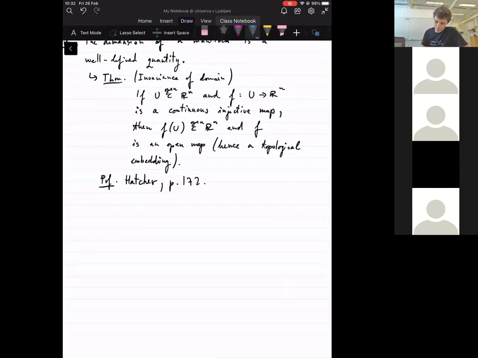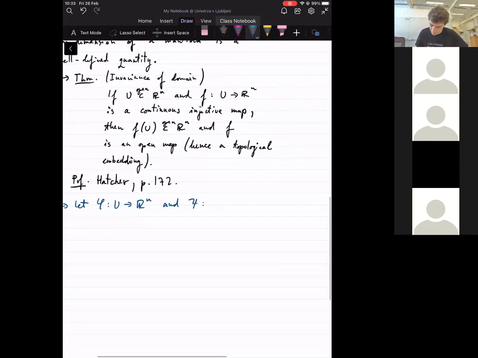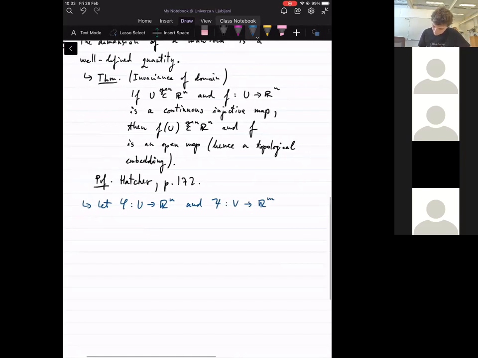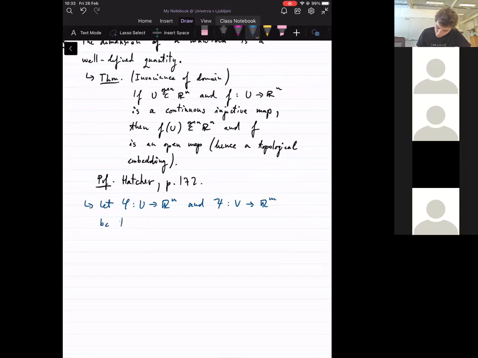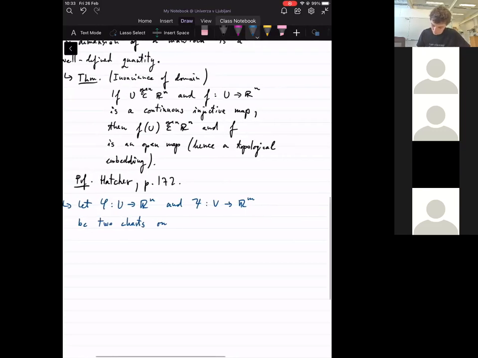Okay, so let's try to apply this theorem in our context, okay? Let phi from U to R^n and psi from, let's say, V to R^m be two charts on our manifold.